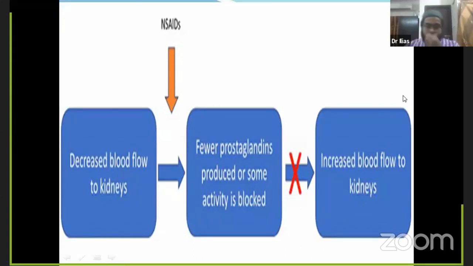That's why a patient with pre-existing kidney disease should not be prescribed NSAIDs. This is the very basic primary pathology of kidney impairment in pre-existing kidney disease, so that is a very important thing for you.